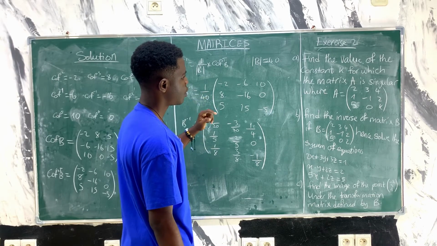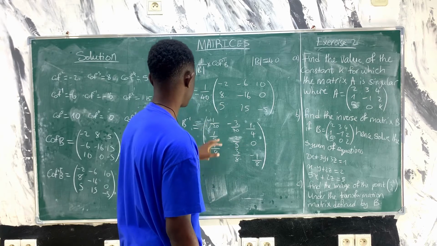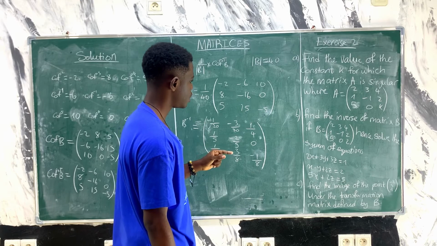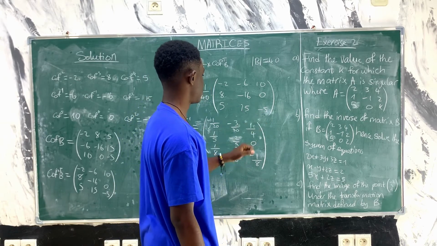We have 8 on 20, 4 on 10, 2 on 5, minus, 0, 15, we have 3 on 8.